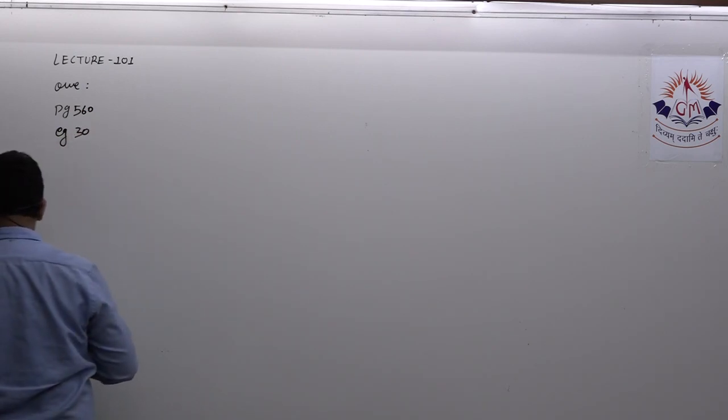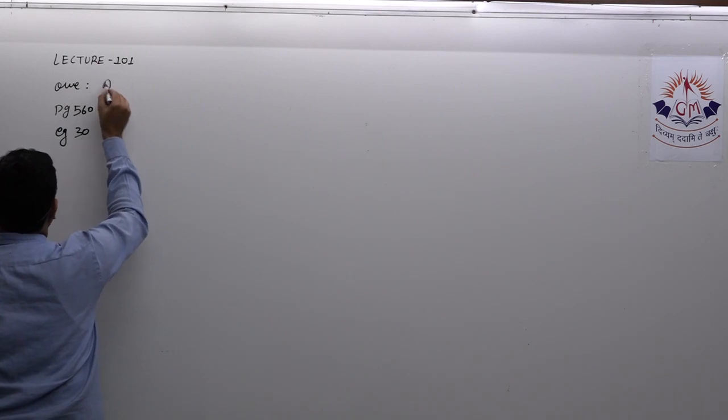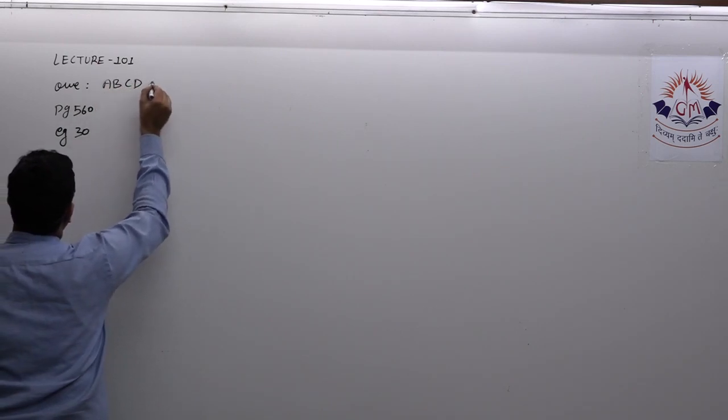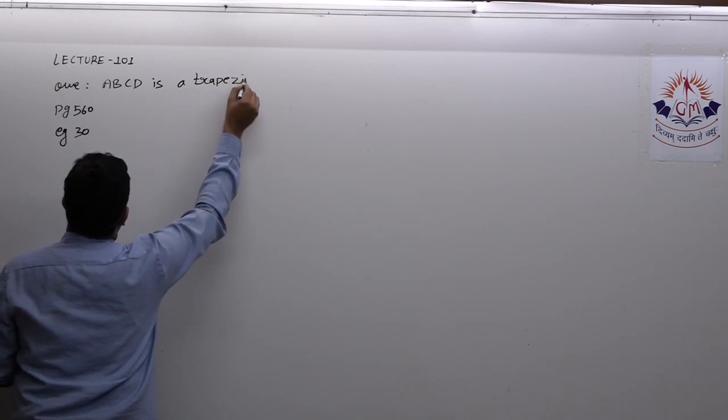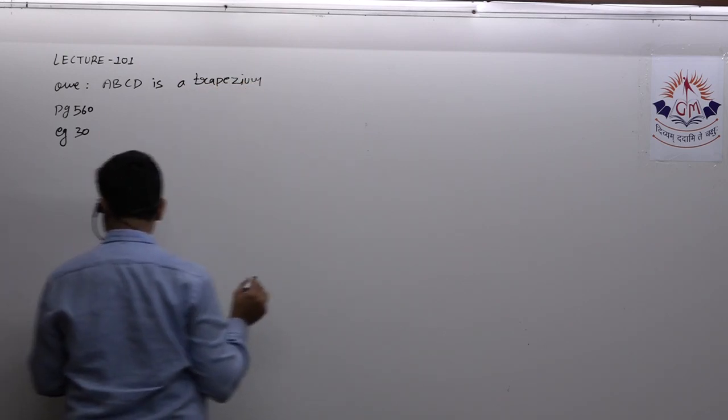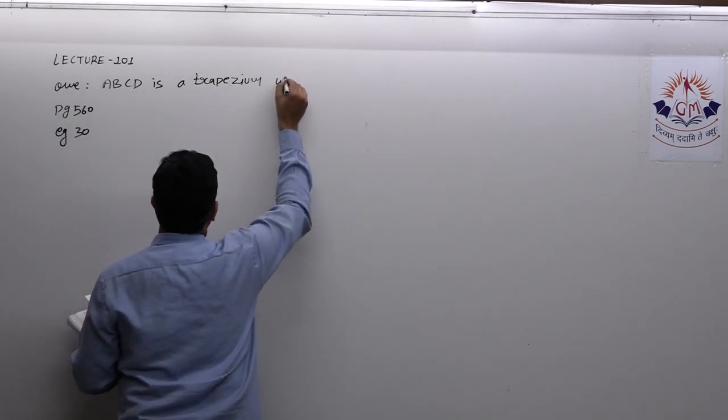Question is ABCD is a trapezium with AB parallel DC.